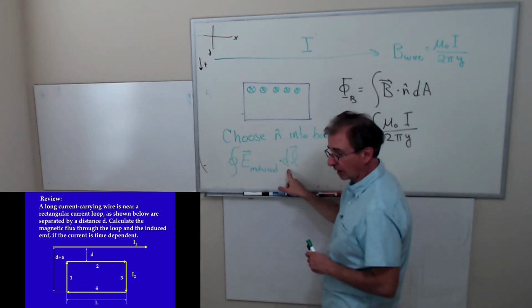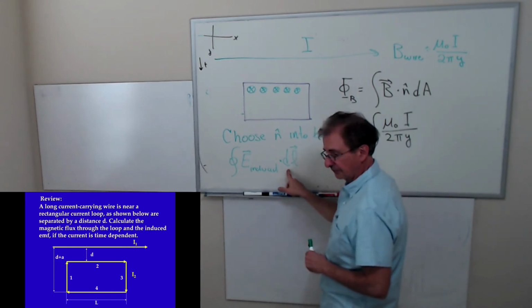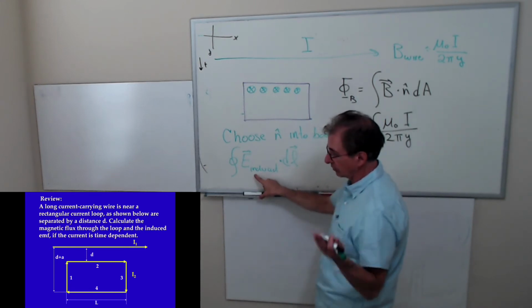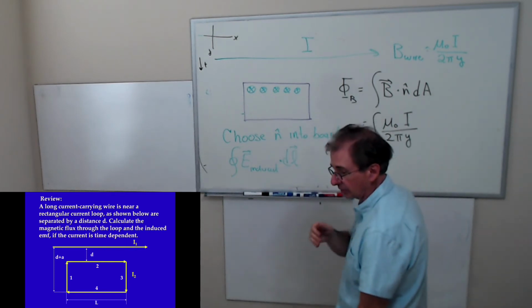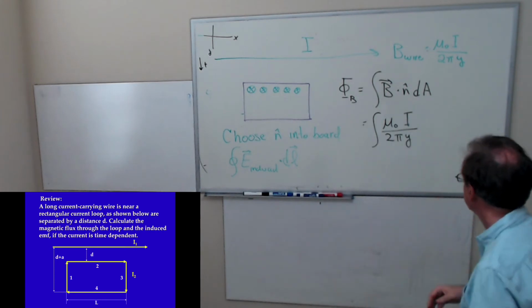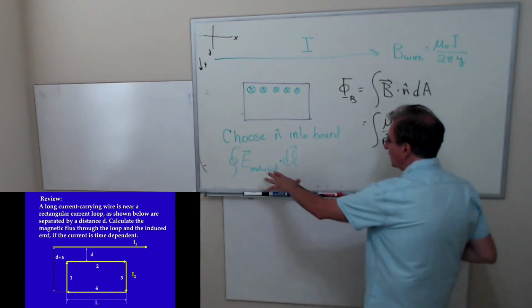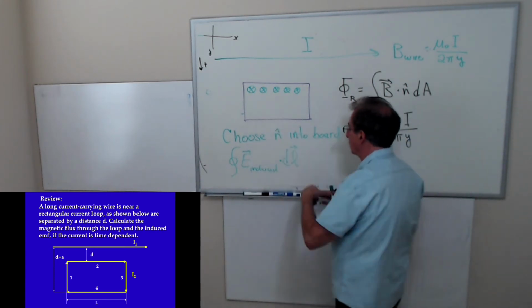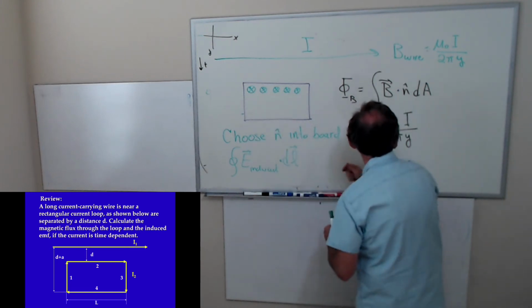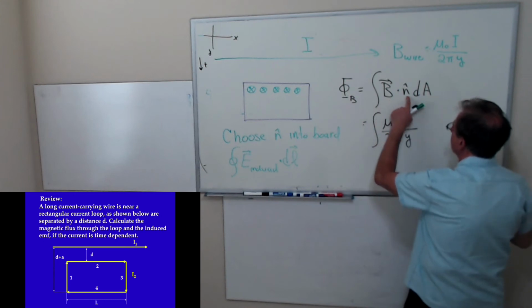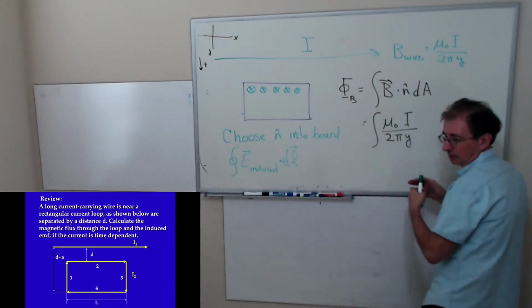My dl would be clockwise. And of course, because I don't know the direction of the EMF, I would just assume E is clockwise. If I'm wrong, I'll get a minus sign out of it. But my goal is not to figure out E. I'm just telling you the reason why I chose the normal to the loop so that the dot product between B and the normal is 1.